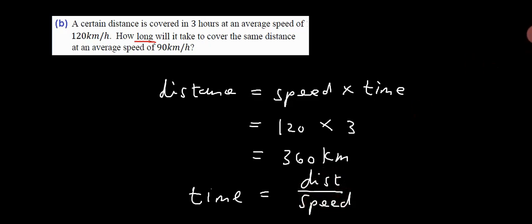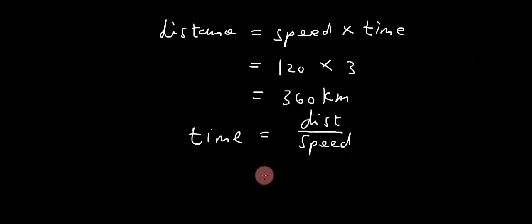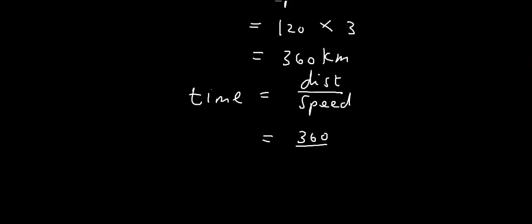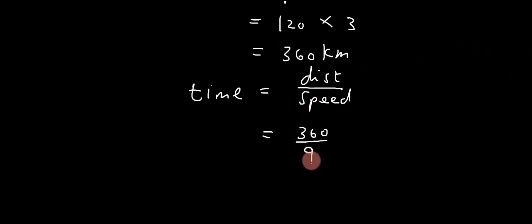We have the distance, it's 360 kilometers. The speed is 90 kilometers per hour. So 360 divided by 90. And this comes to 4. So then the time is 4 hours.